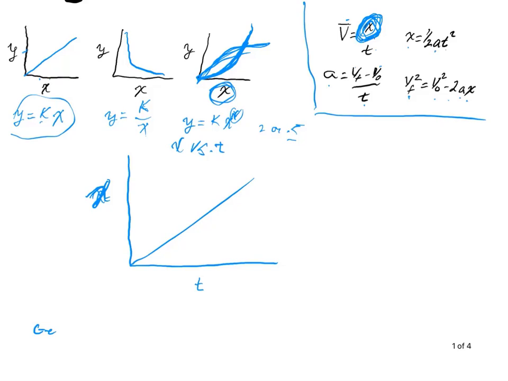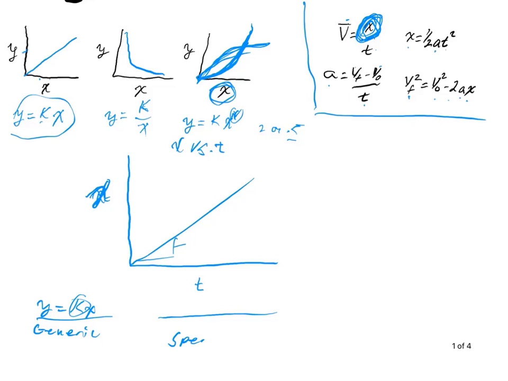So the generic expression is y is equal to kx. Now, when you plot this out, you'll find the actual slope of the line, so you'll know the value of this constant. If you use graphing software like Logger Pro, it'll tell you that. But anyway, you find that constant, and that value is what goes in here.